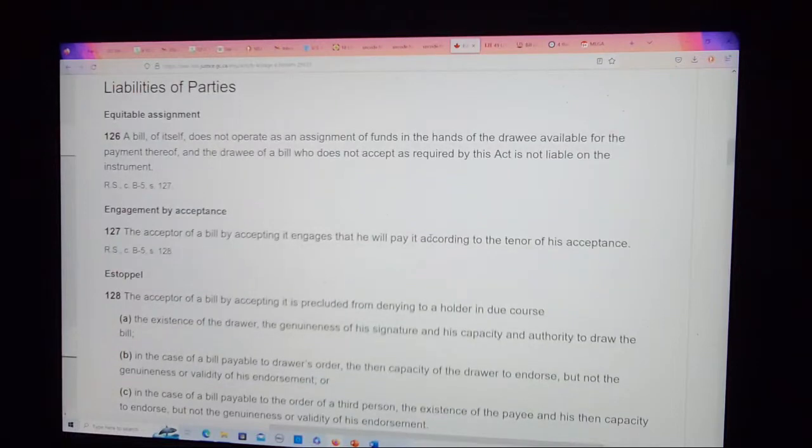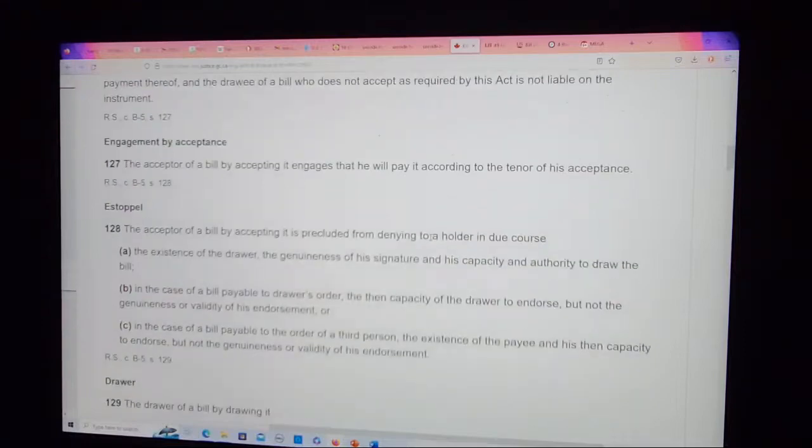Liabilities of parties. Equitable assignment. 126. A bill of itself does not operate as an assignment of funds in the hands of the drawee available for the payment thereof, and the drawee of a bill who does not accept as required by this act is not liable on the instrument.